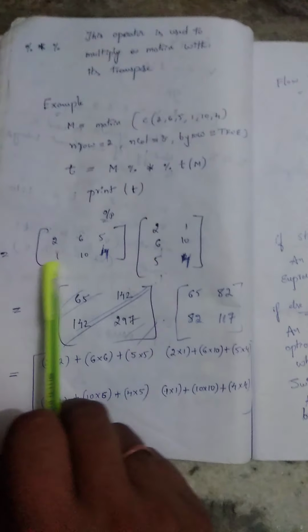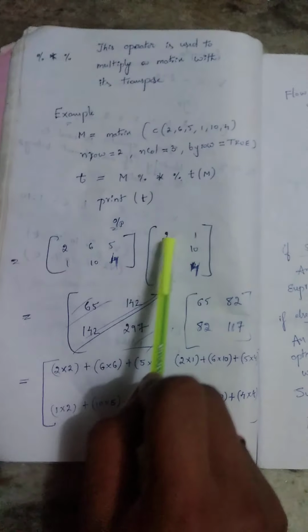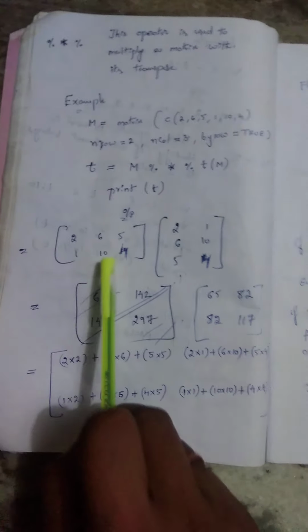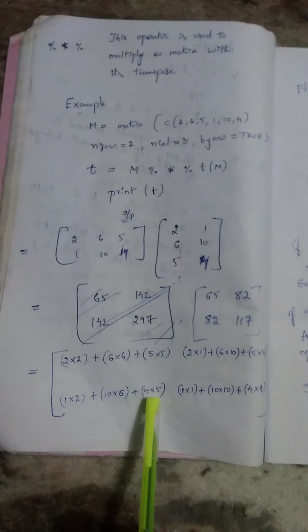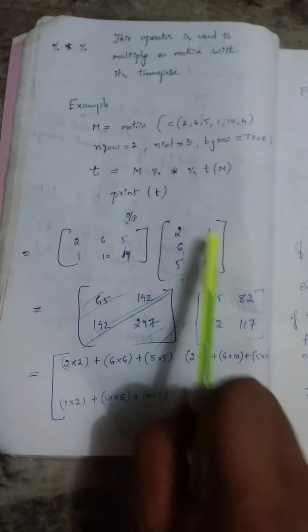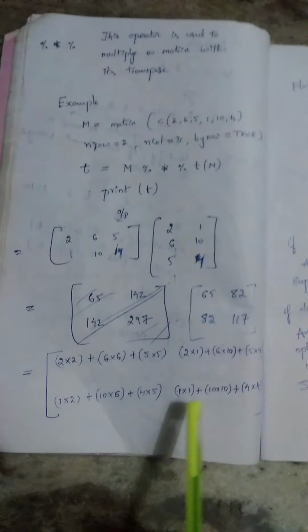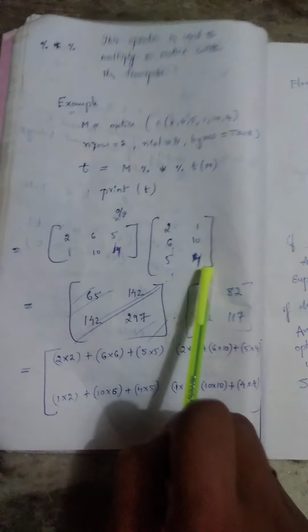Next, second row, first column: 1 into 2 plus 10 into 6 plus 4 into 5. Next, second row into second column: 1 into 1 plus 10 into 10 plus 4 into 4.